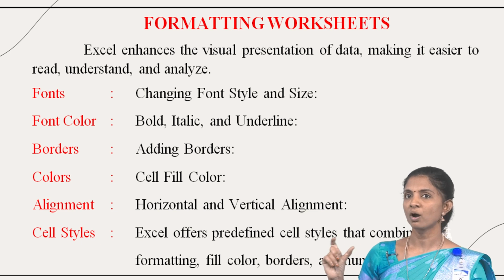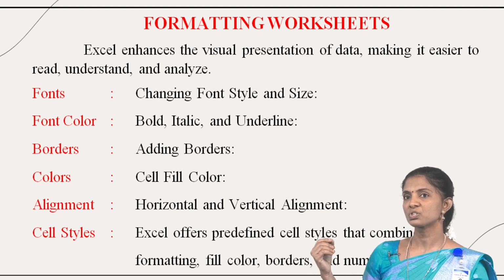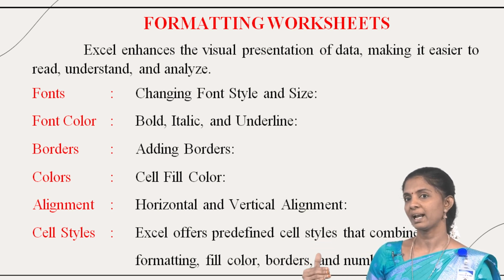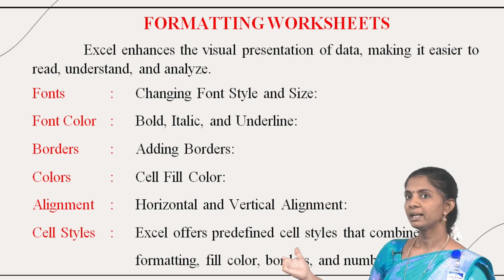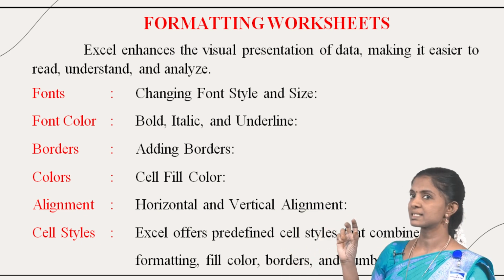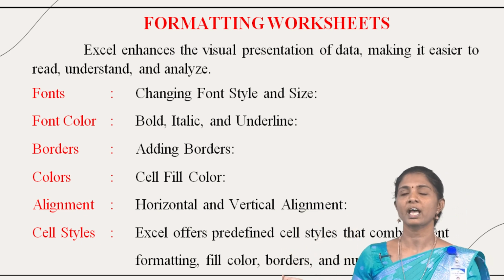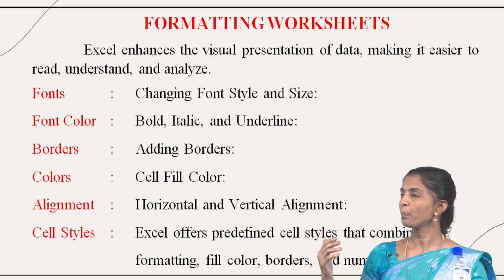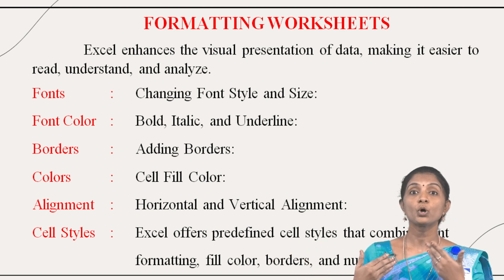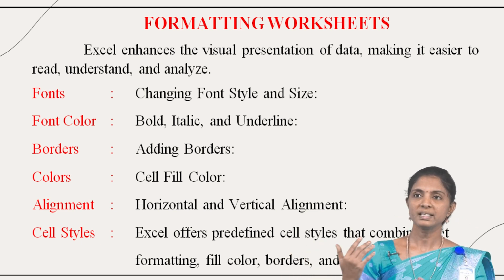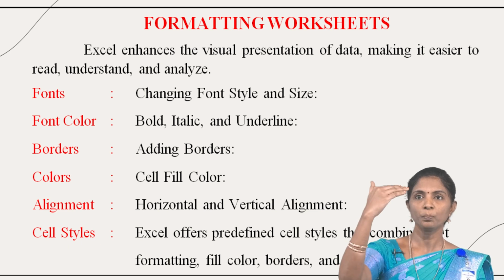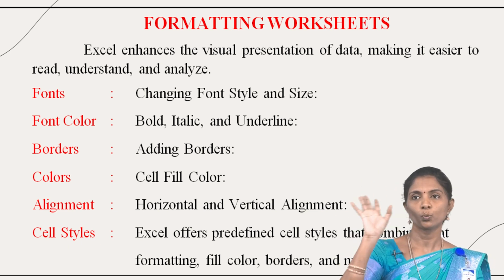First one is font. Changing font style and size, font color, bold, italic, and underline. The user can select different font types and sizes to make data more readable. These can be done from the Home tab in the Font group.